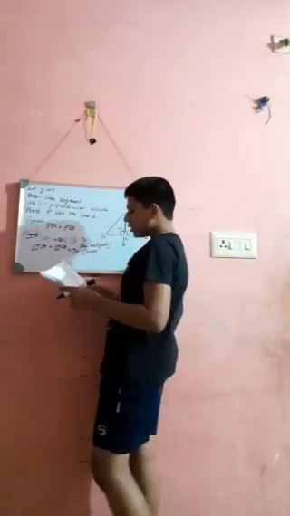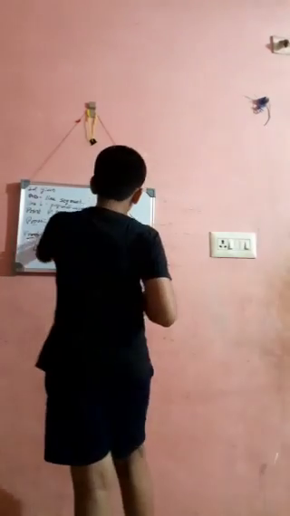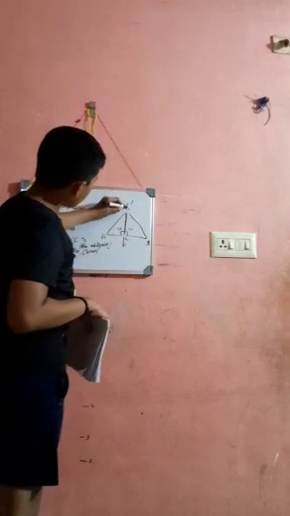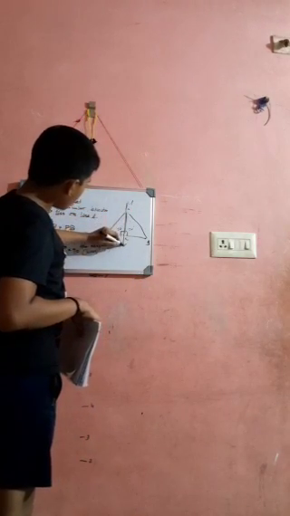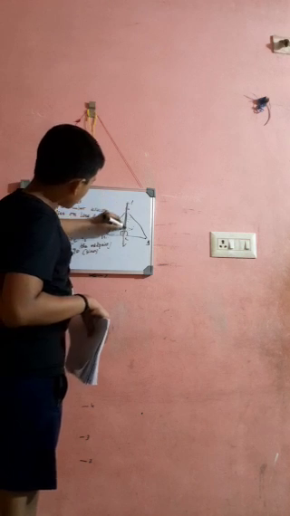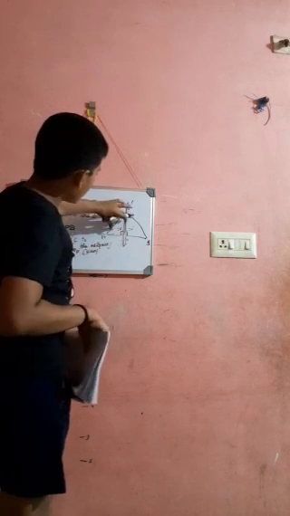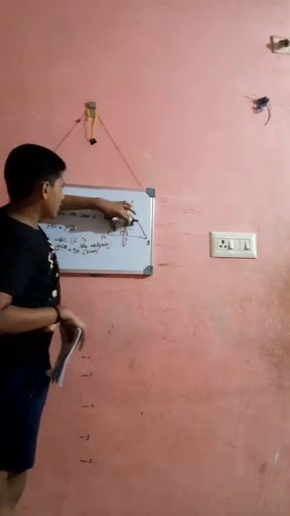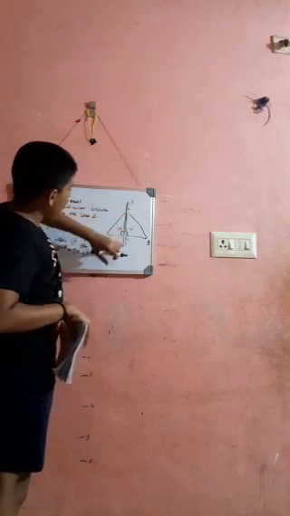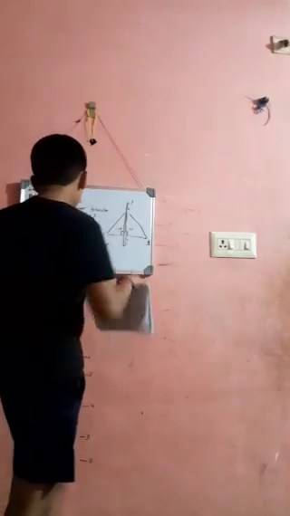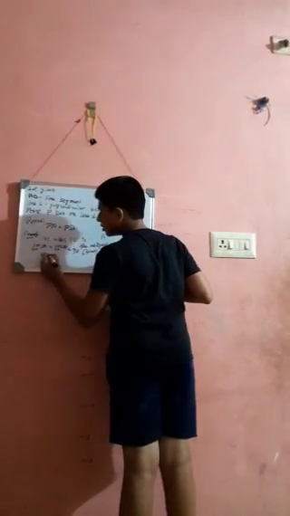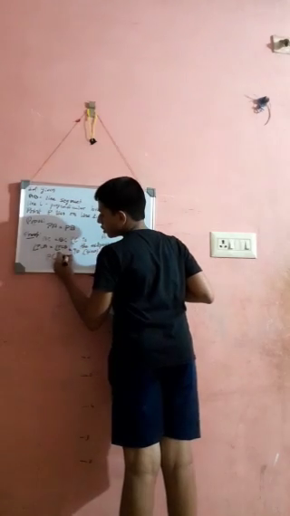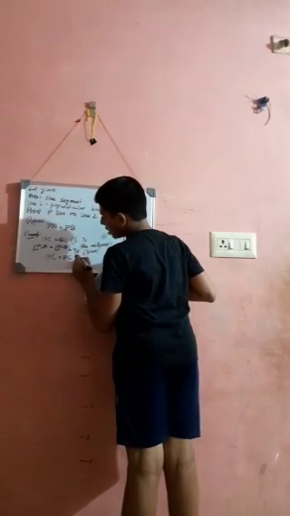And even the third one, here there is a common side. When the perpendicular bisector is drawn, the two triangles have one common line, which is PC. PC is equal to PC, which is common.